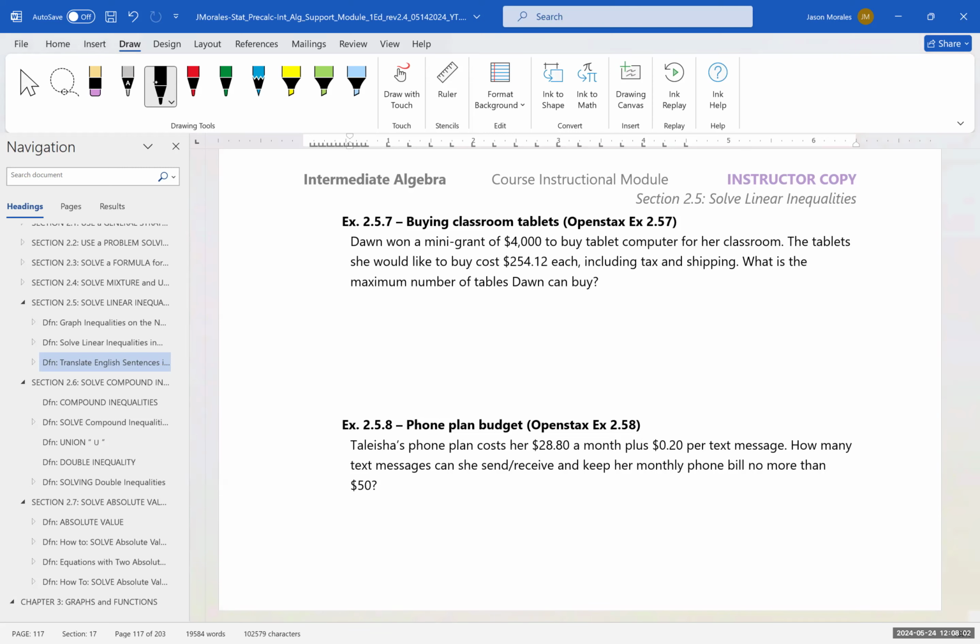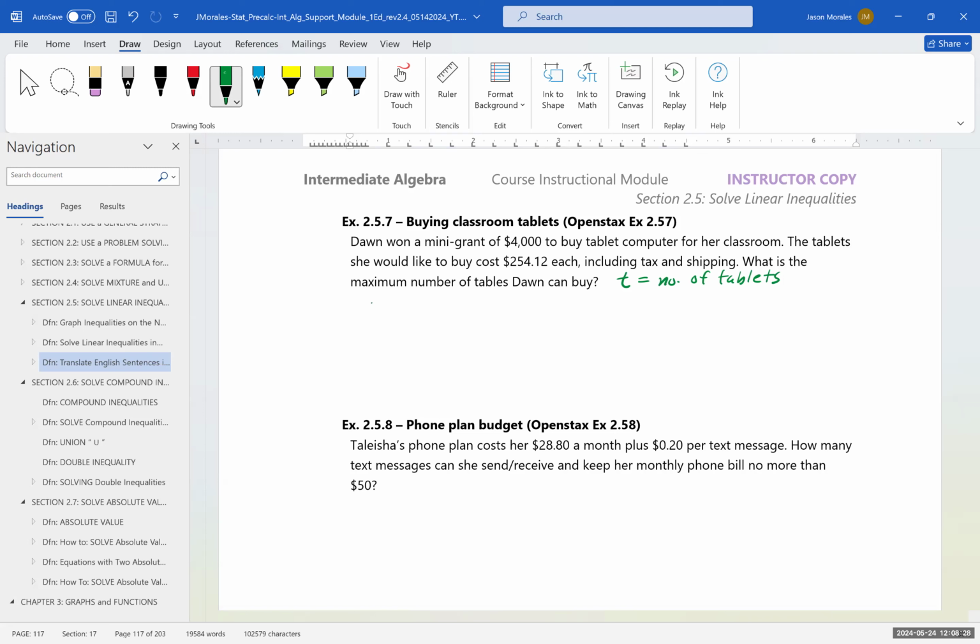All right, so first of all, let's use the letter T to represent the number of tablets that Dawn can buy. So what are we looking at here?